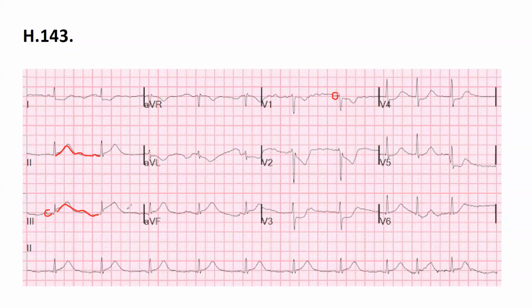I don't see any because in V1 and V2 they're preceded by an R. The QRS is narrow. However, in leads 2, 3, AVF, and so forth, the T wave is quite high, and I would even say that in AVF and in lead 3 we have ST elevation.